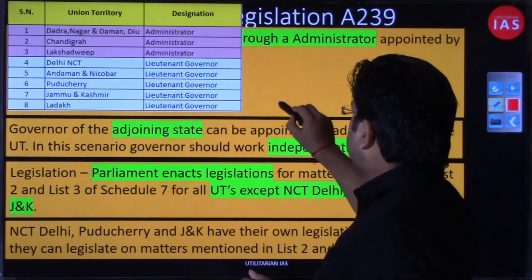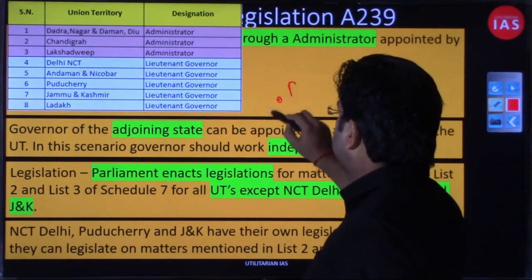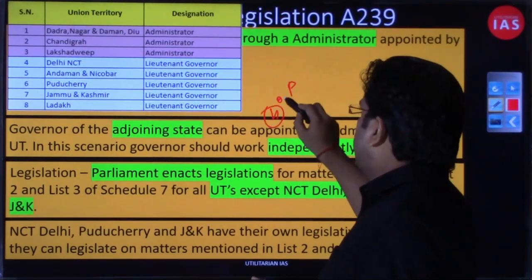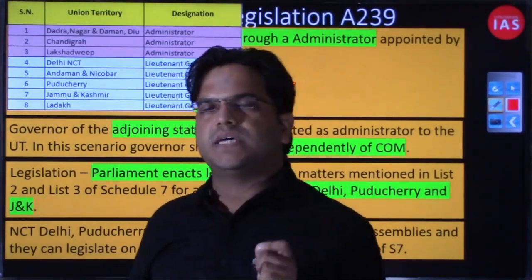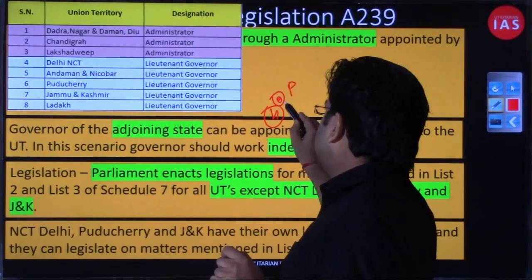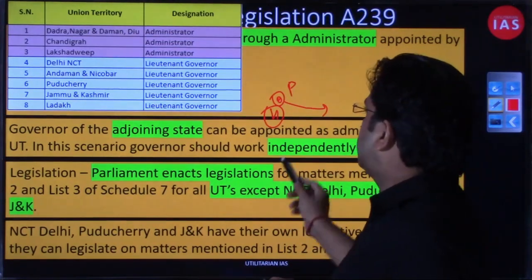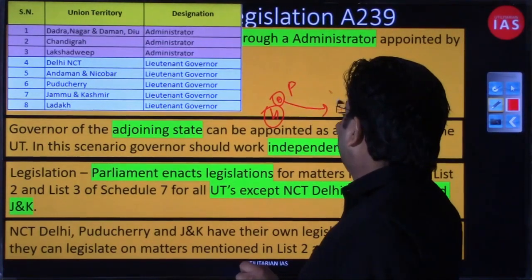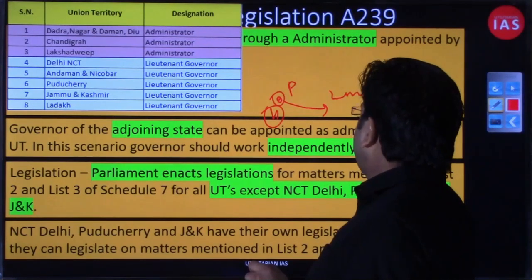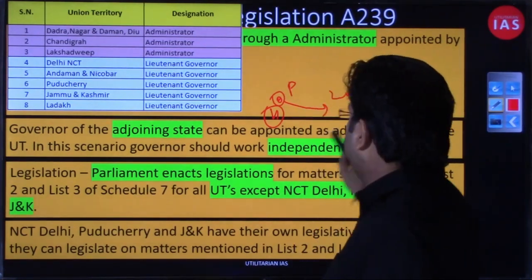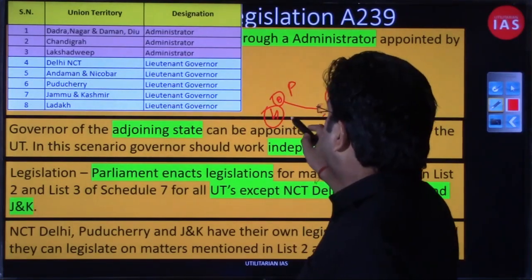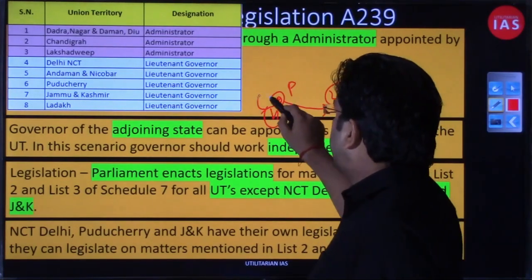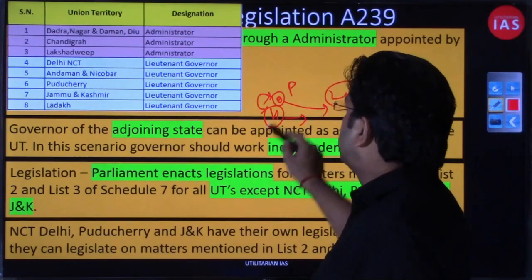You have Chandigarh, which is surrounded by Punjab and Haryana. If the administrator of Chandigarh is to be appointed and the president does not find any suitable candidate, or if there is a delay of 2 months, or 4 months, or for an unlimited time, in that situation he can ask the Haryana governor to take the additional charge of the Chandigarh region.